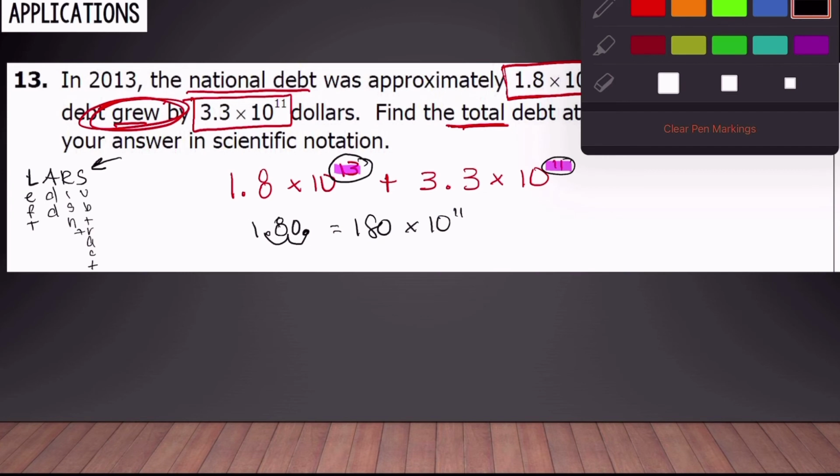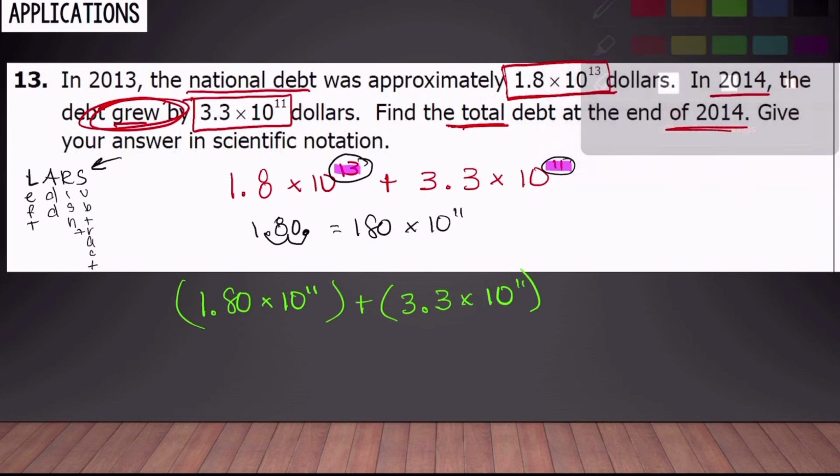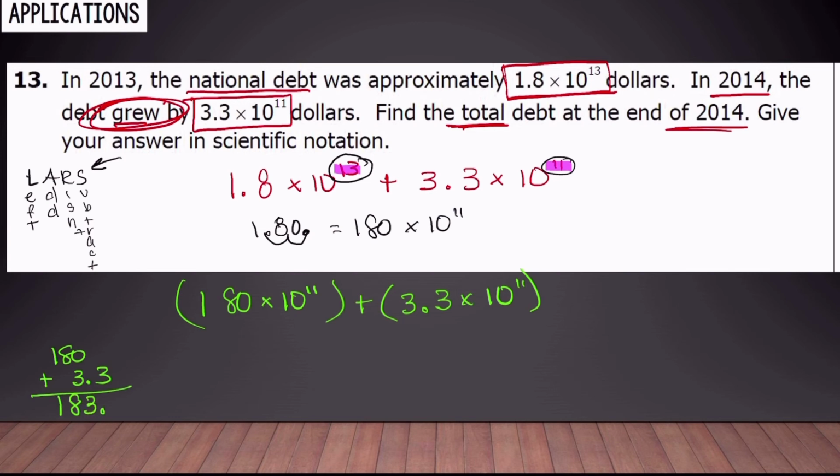So it is okay to write a new problem. 180 times 10 to the 11th plus 3.3 times 10 to the 11th. Well, when I add, and that's my fault, ladies and gentlemen, it's not 1.80, it's 180. So when I add 180 plus 3.3, I get 183.3.